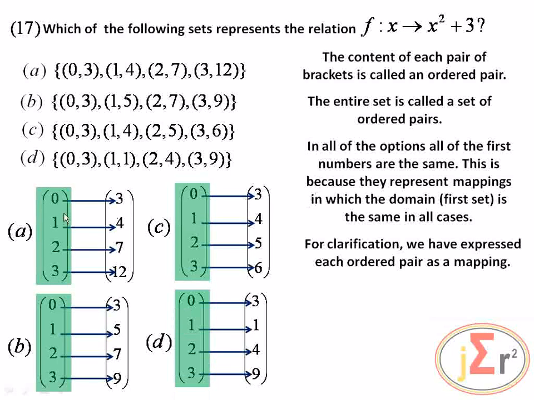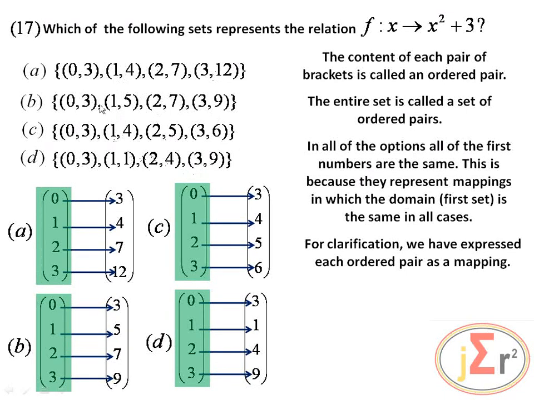Right, so we know, or we are demonstrating, that each option represents a mapping, in which the first set is the same in all cases, and that is why we have the first number in each pair as we have them right here. The first numbers are all equal.